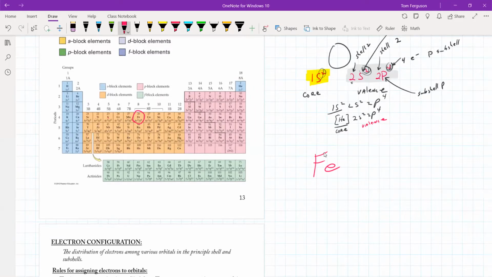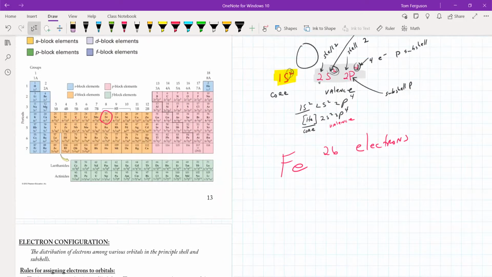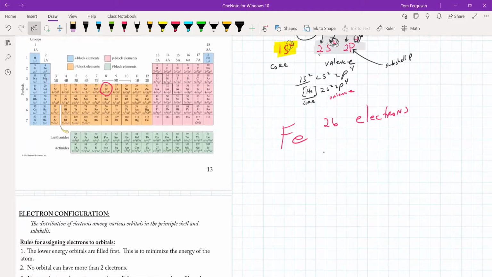It has 26 electrons total, but not all of them are valence. We have a whole bunch of core electrons. Now I'm going to write this out 2 ways. One abbreviated form using the noble gas, and also I'm going to write it out long ways.